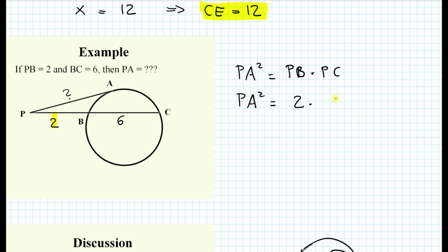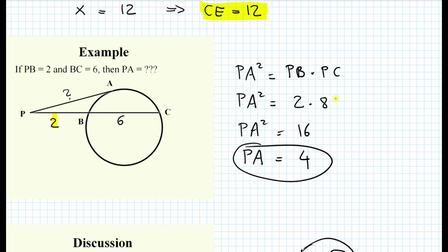Well, we know that BC is 6 and PB is 2, so that means that PC is equal to 8. Therefore, PA squared is equal to 16, and PA has to be equal to 4. We're just taking the positive or principal root, which is 4, because we cannot have a negative number for segment PA. Okay, so that is the answer.